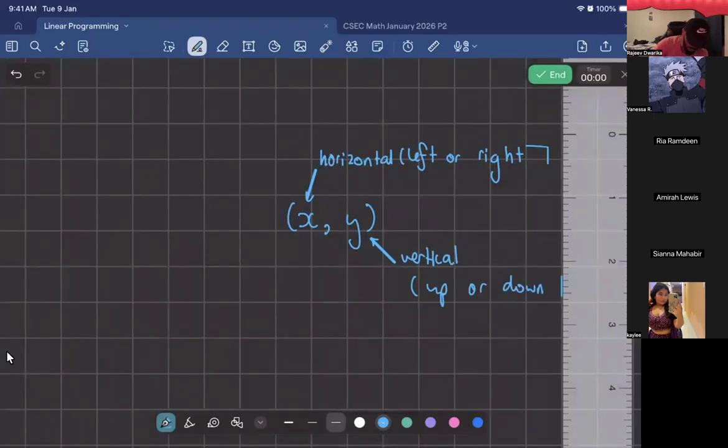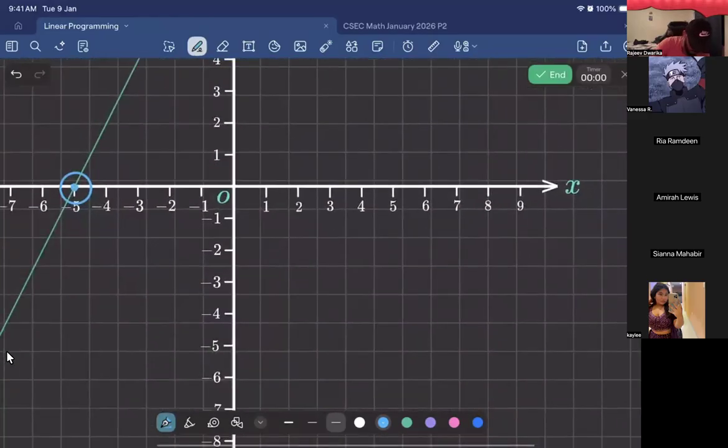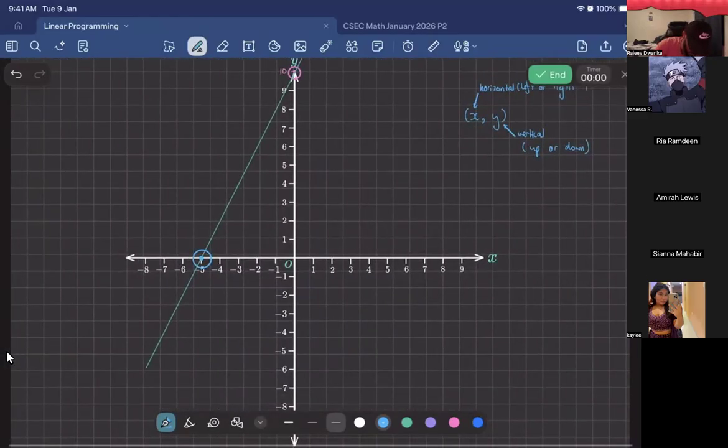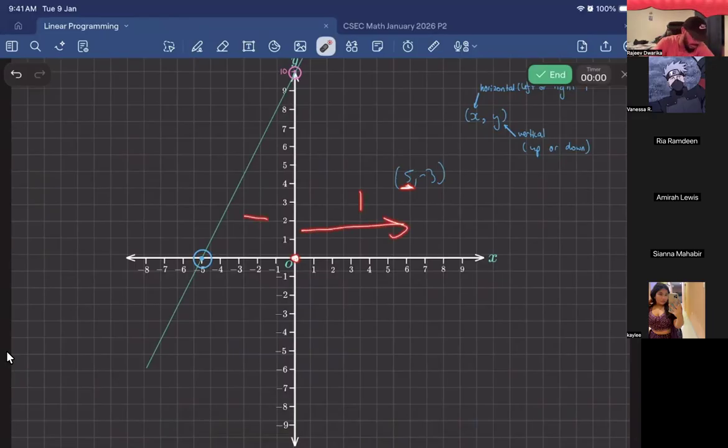So let me say, for instance, you just now told me 5, minus 3. This is what I interpreted. When you're plotting a point, you start from the origin, which is 0, 0, and you told me to move 5. That's on the x-axis. Where do you think positive 5 is, in direction 1 or direction 2?